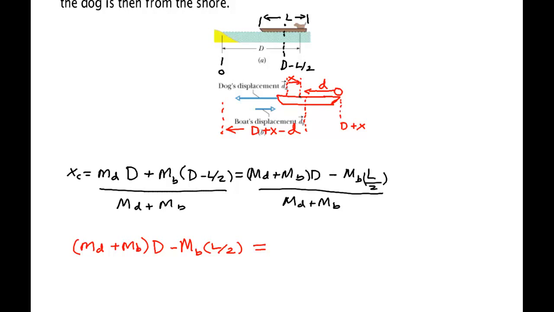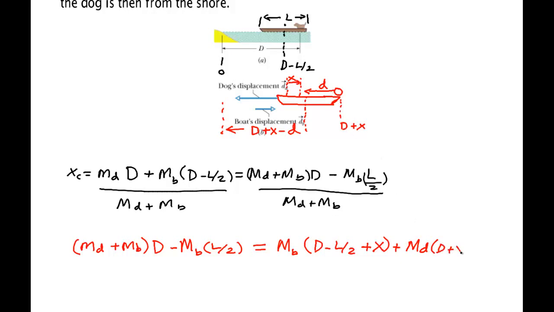The mass of the boat was at the distance d minus L over 2, but has now moved a distance x away from that position, plus the mass of the dog, which is now at a location of d plus x minus little d.